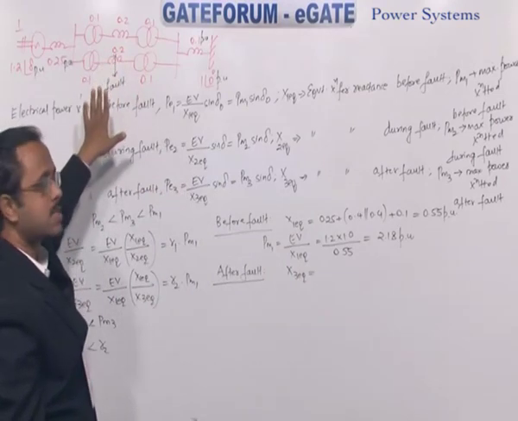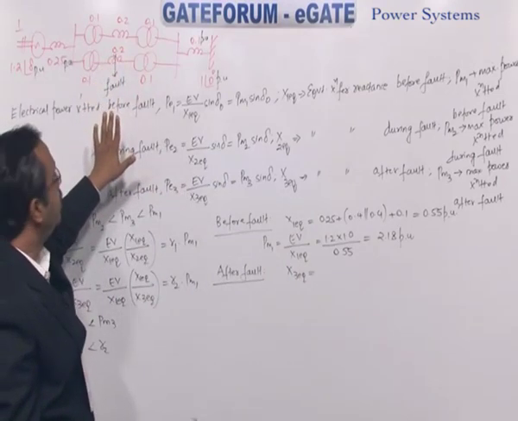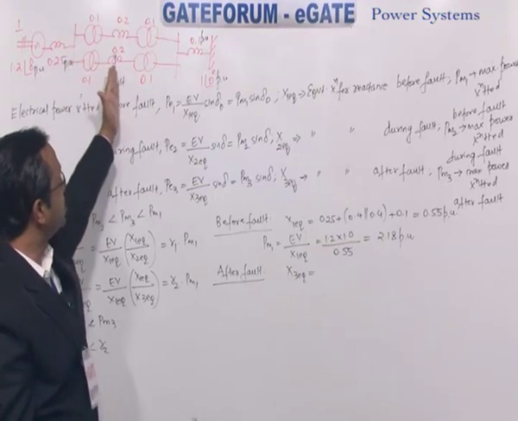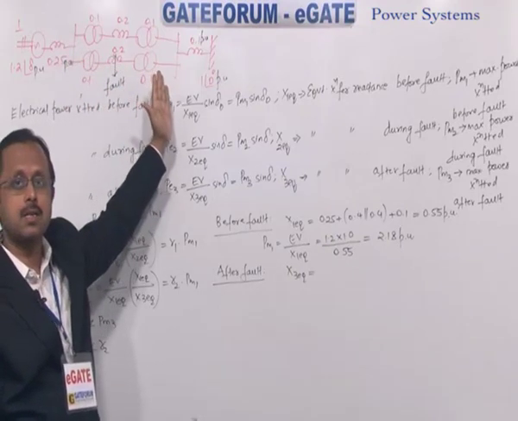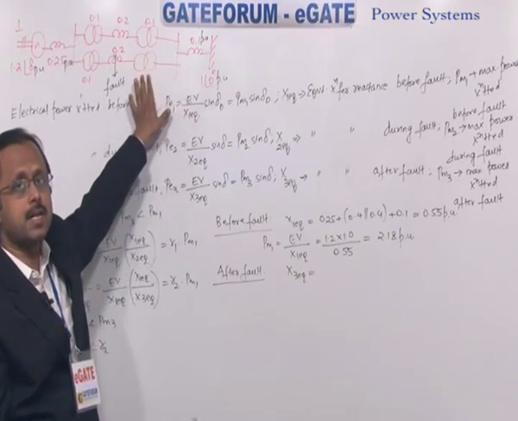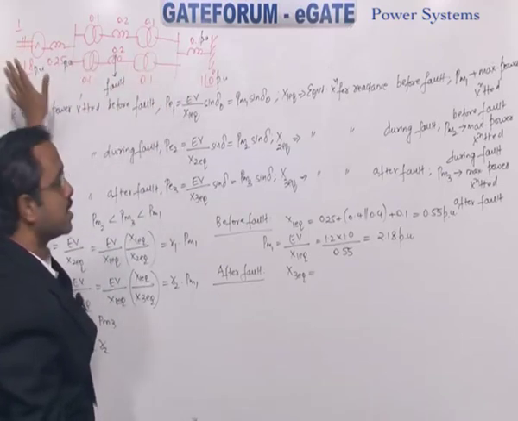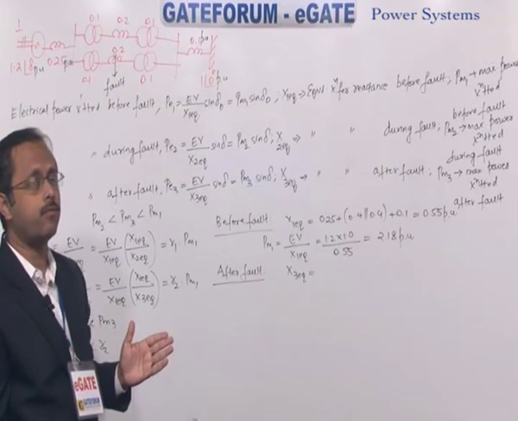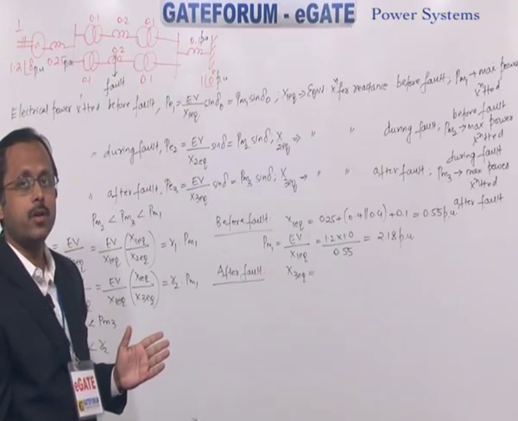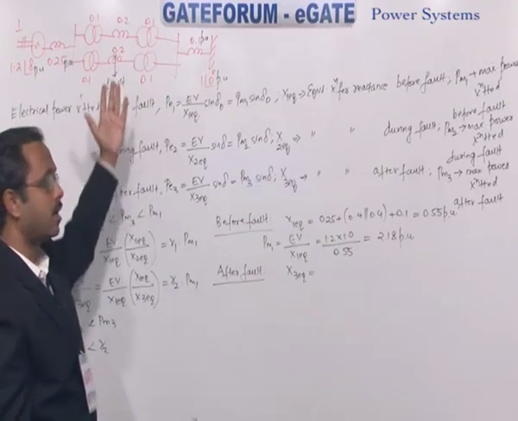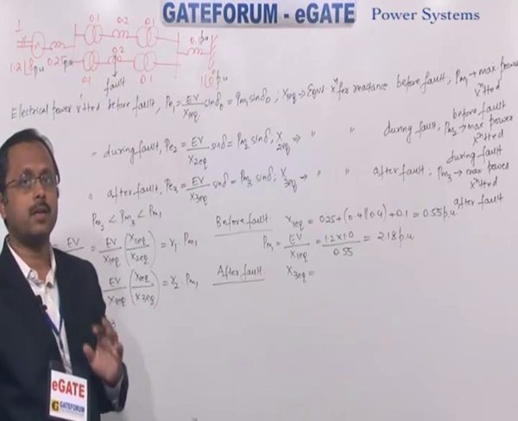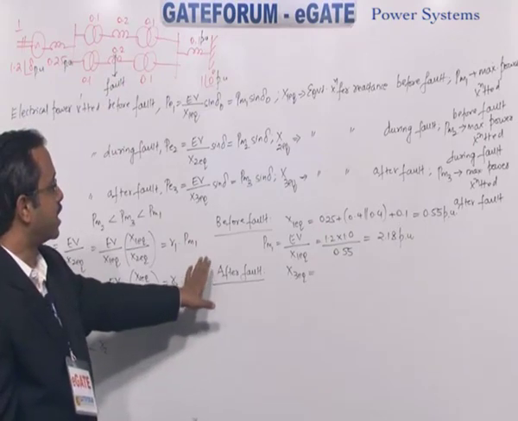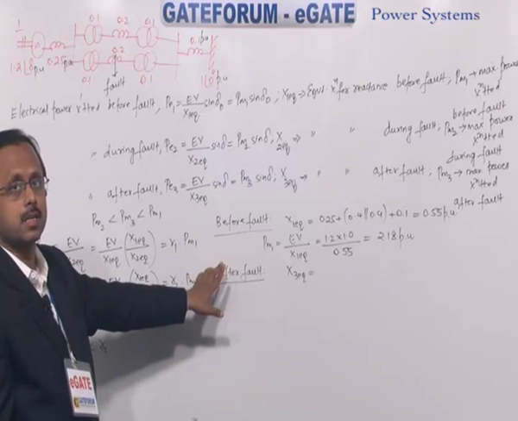But as soon as the fault is cleared, you cannot transmit power through this second line, because this line must be synchronized with the synchronous generator. Only after the synchronization is completed can you transmit power through this line. I repeat, you are checking the after fault condition.